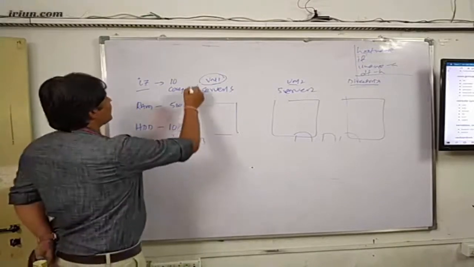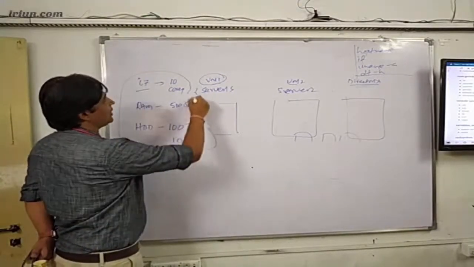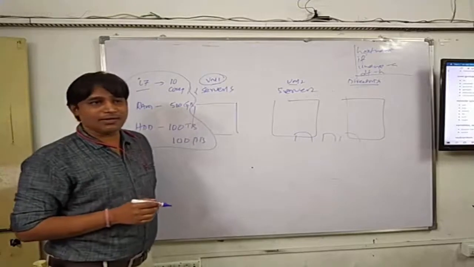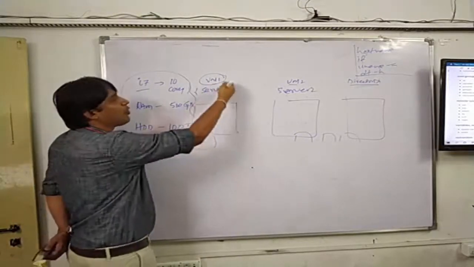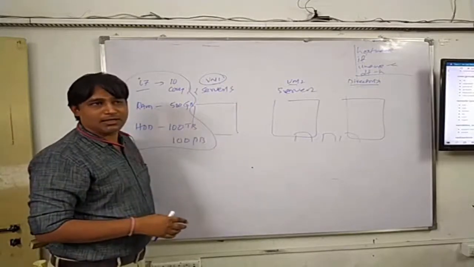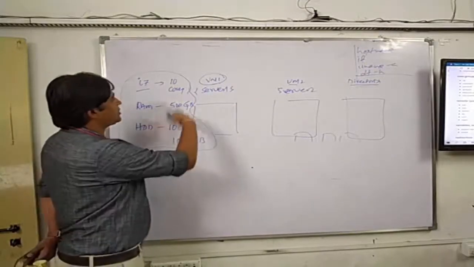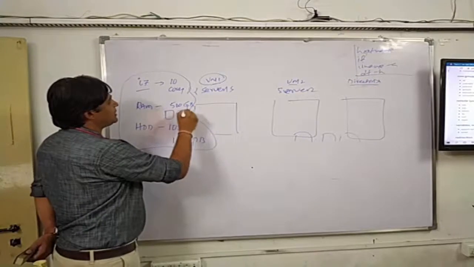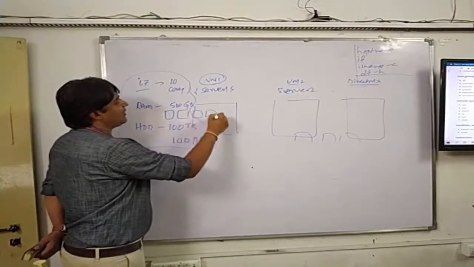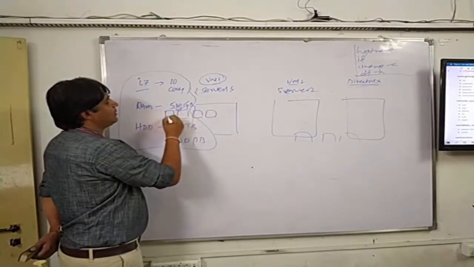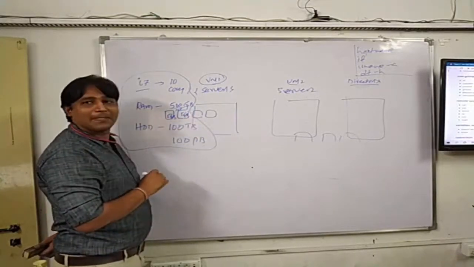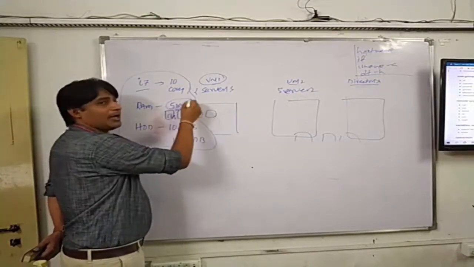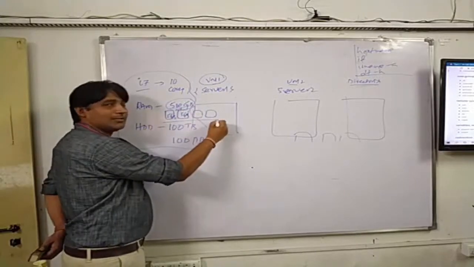Now you have a very powerful system. Obviously, you don't want to use it for browsing, right? So what you do is you put a lot of virtual machines on that hardware. You put some 100 virtual machines, 500 GB total RAM you have. You are putting 100 virtual machines.